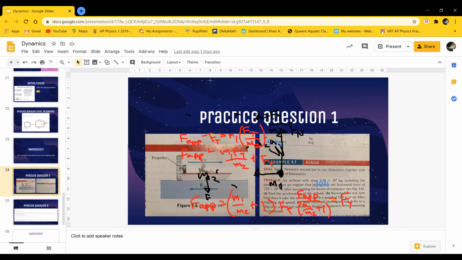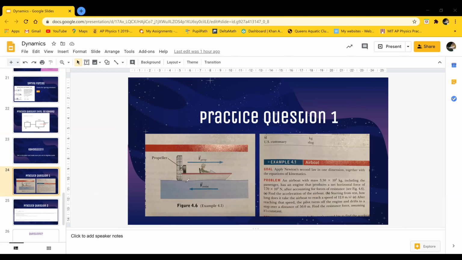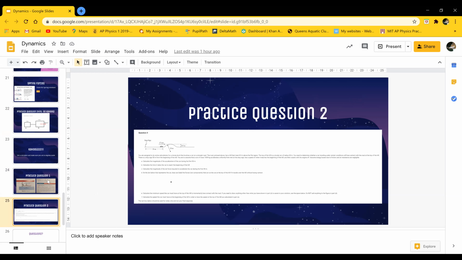I'll just show you a glimpse of what the practice problem looks like. So this is the first one. It is from a college textbook. It's kind of like a net force problem, also acceleration, right? Dynamics. And then we also have a College Board style question, a little more complex, but I think we could do the first 4 parts together.